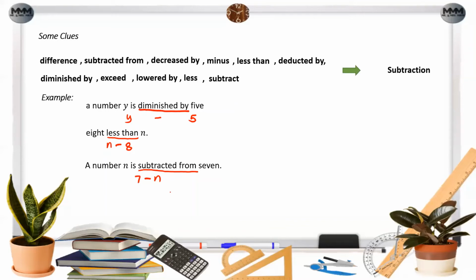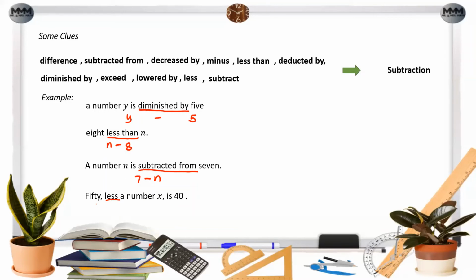Okay, for our next example, we have 50 less a number x is 40. Our phrase here is less. It means the position of the symbols before and after the phrase will be retained.